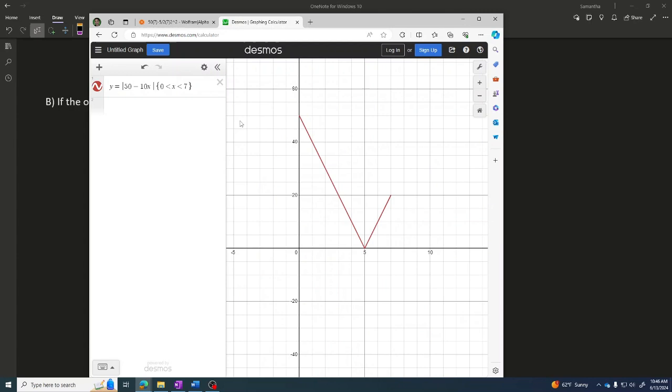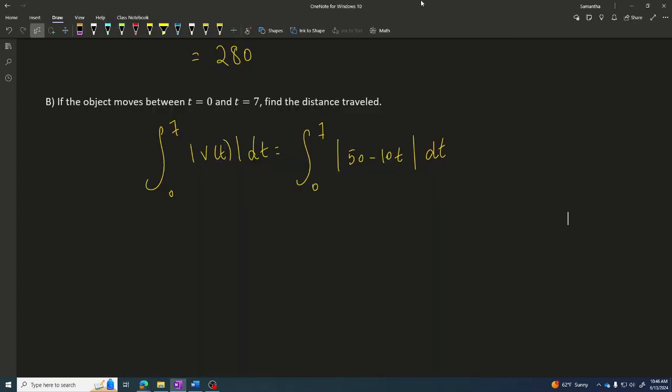Okay, so here I have the absolute value of 50 minus 10x graphed below, and I can see that the region under this graph is geometric. It consists of two triangles. Triangle number one here has a height of 50 units and a base of 5 units. So that would contribute to the total net area 1/2 times 50 times 5.